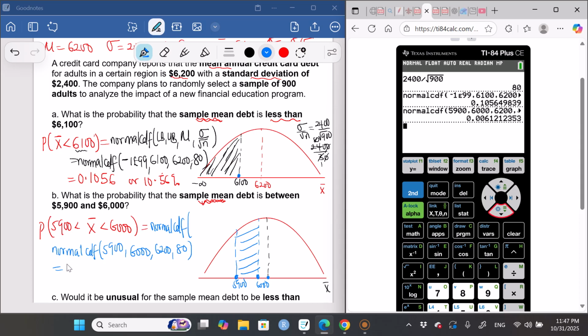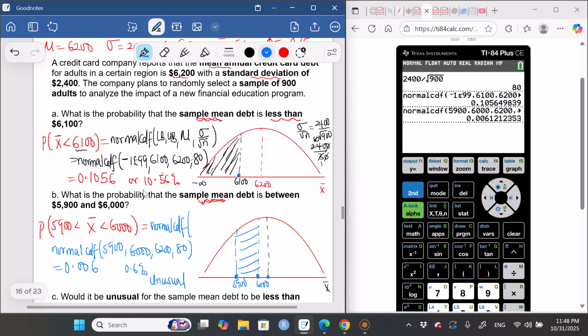Wow, we have a very low probability, 0.006, which is unusual probability. Yeah, this is 0.6%. We can call this unusual probability. This is not likely to occur based on the information we have.